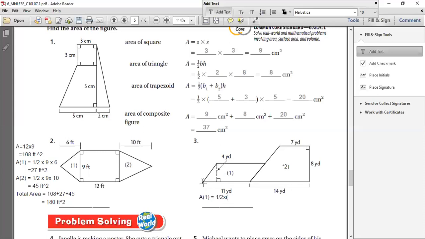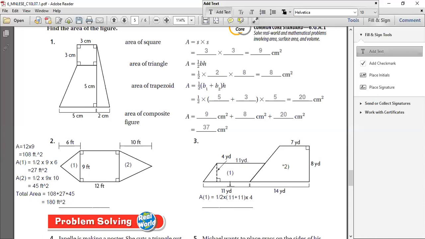So if this part of the figure is 11, the down part is 11, this part is also going to be 11. So let's write it as 11 yards. So the height is 4, one base is 11 as well as the other base is also 11. It's a kind of a tricky question, but we have to just use our brain. So 11 plus 11 multiplied by the height, that's 4.